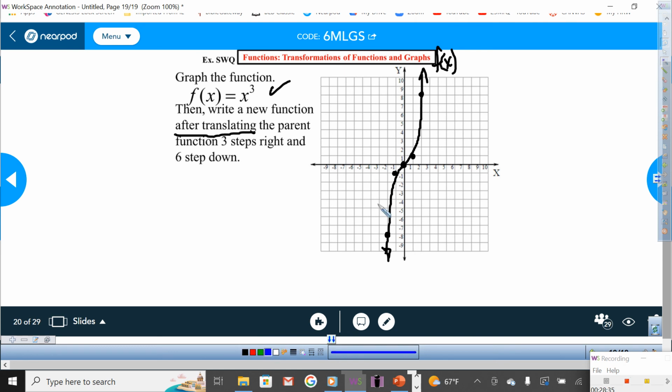I'm going to start with this point right here. 3 steps right, 6 steps down. 1, 2, 3, 1, 2, 3, 4, 5, 6. Next, this point right here. 1, 2, 3, 1, 2, 3, 4, 5, 6. And check this out. I don't even have to count the other points because I know they are diagonal from here.